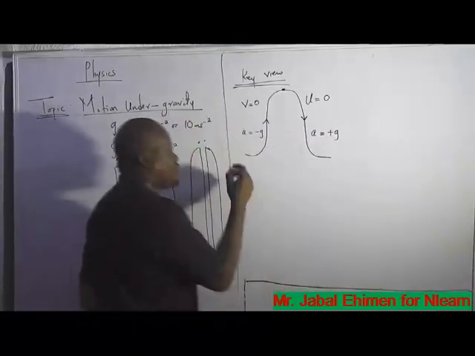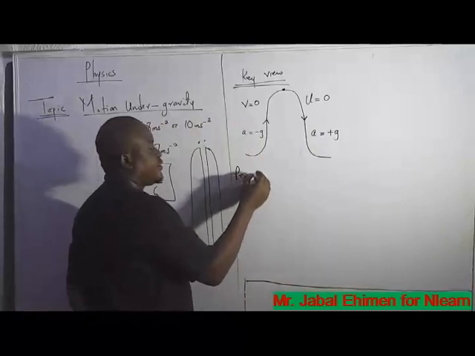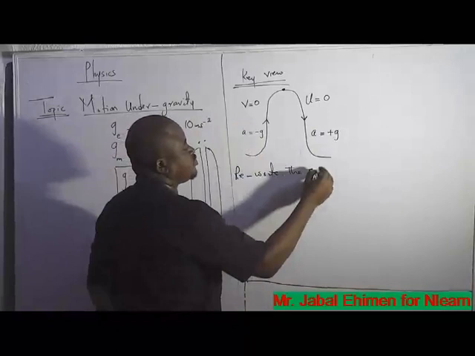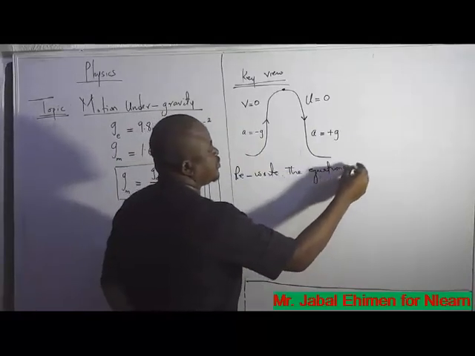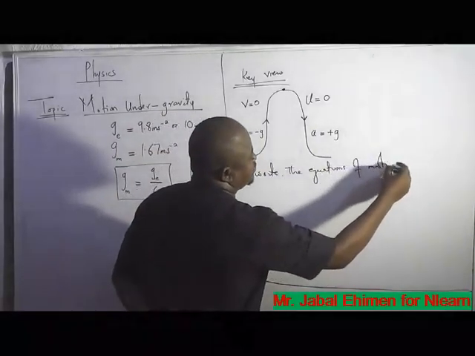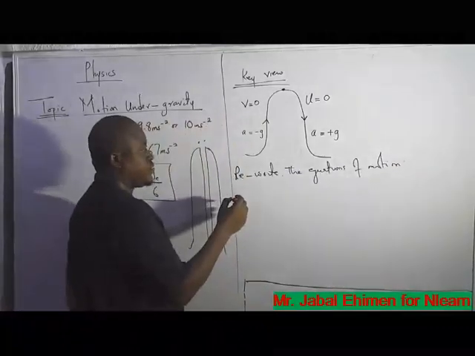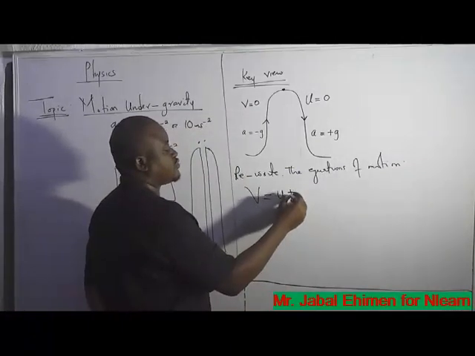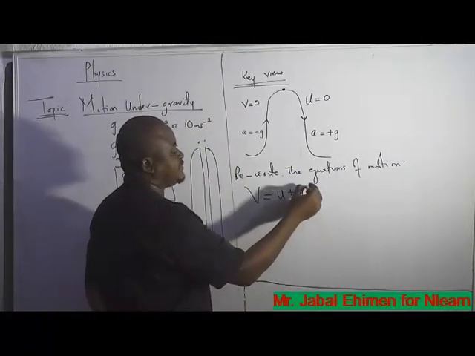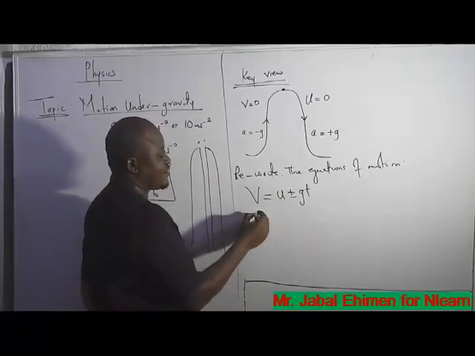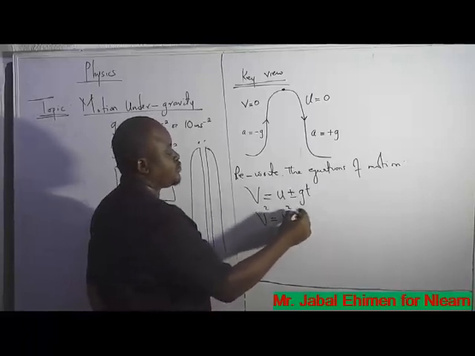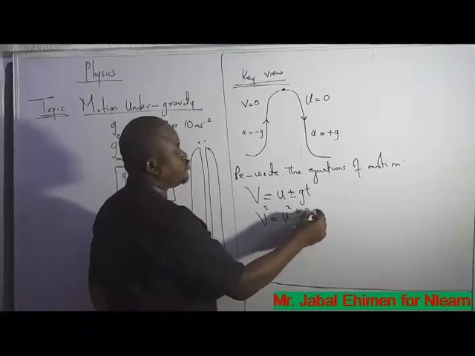So because of that, we can rewrite the equations of motion. We can write them as v equals u plus or minus gt. We can write the second as v squared equals u squared plus or minus 2gs.